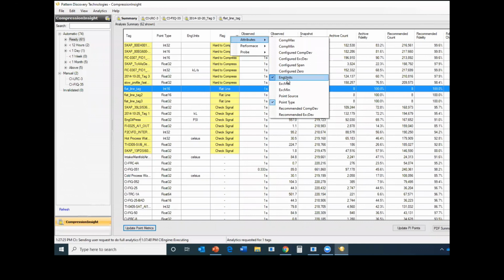Yep. And one of the things that we discovered is that people had misconfigured the engineering units, or they were using mixed mode between Fahrenheit and Celsius or whatever. Yeah. And this was a way to identify those things very quickly, or whether engineering units were actually not configured whatsoever.